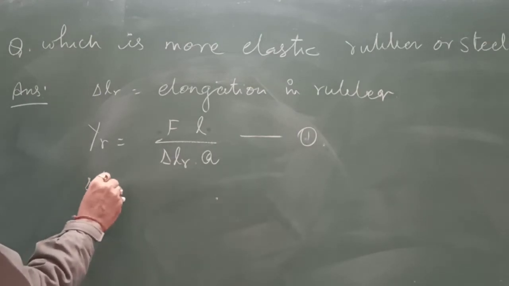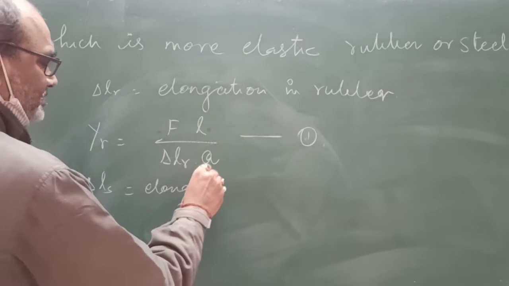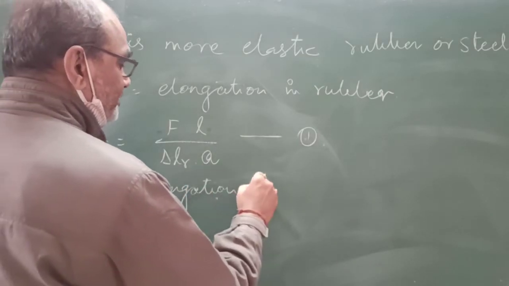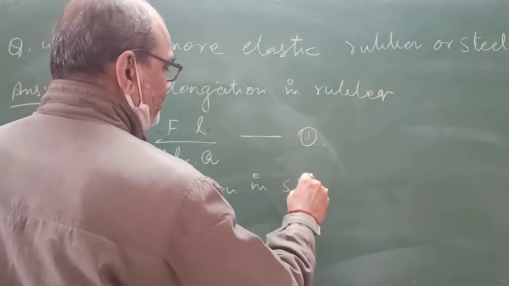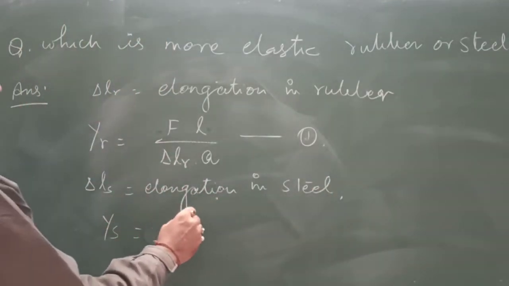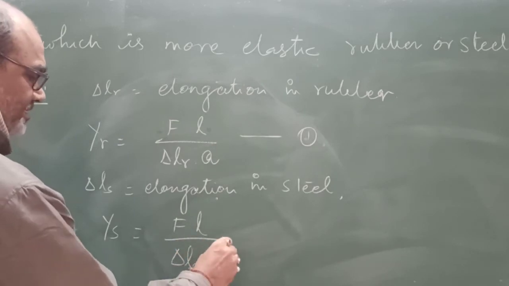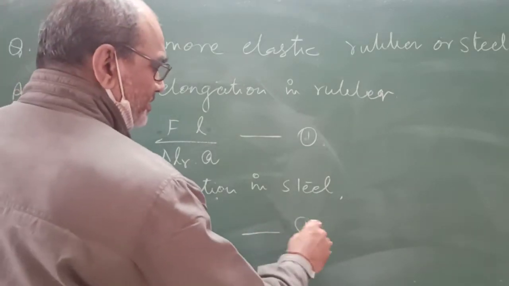Now let delta LS be the elongation in steel. Therefore, YS is equal to FL by delta LS into A. Equation number 2.